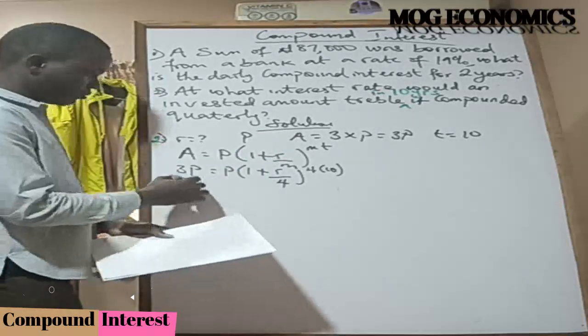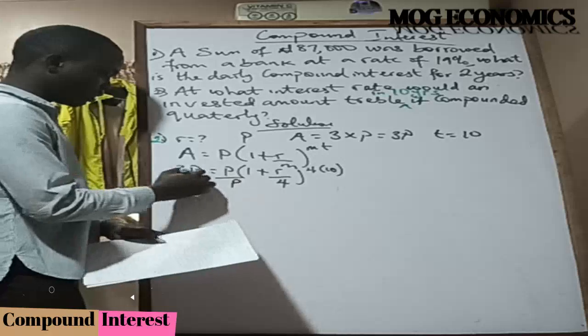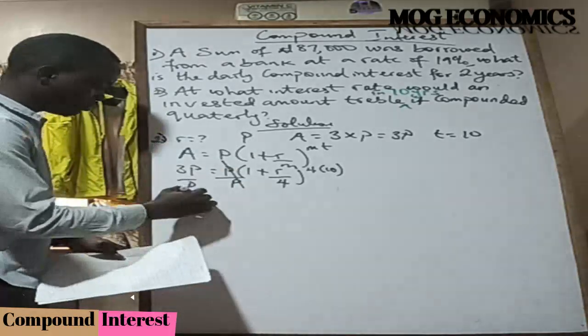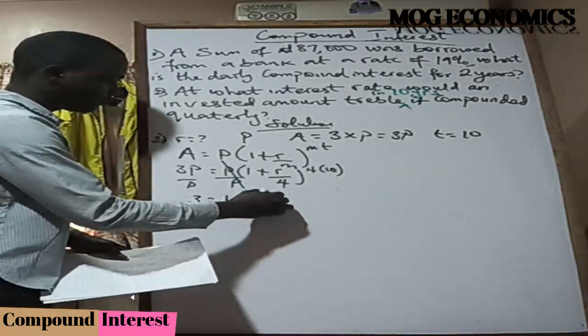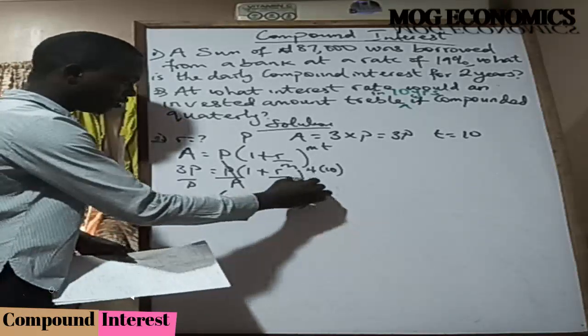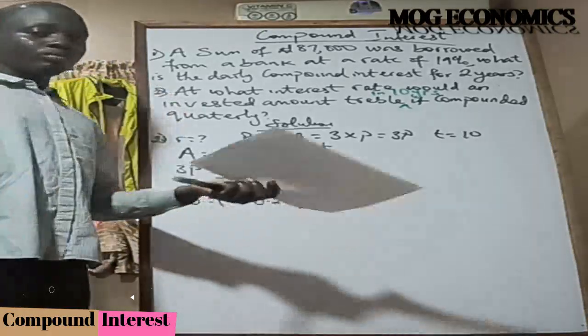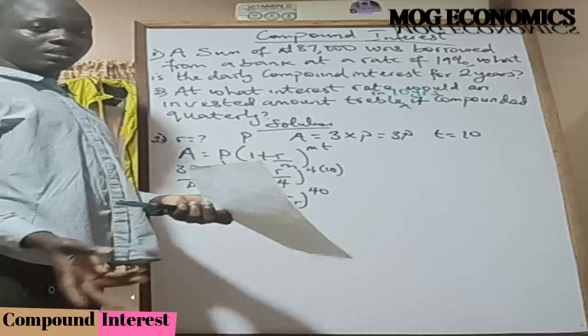So with 3P, we can make things easy and divide both sides by P, so P cancels out. So we have 3 equals brackets 1 plus 0.25r raised to power 40. Now what you have to do is divide both sides by the power of 40.